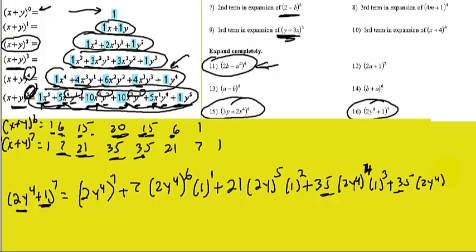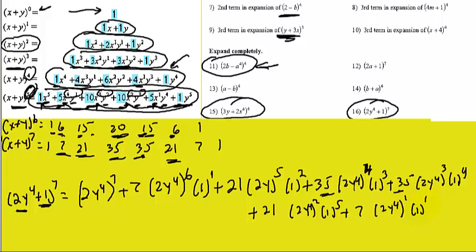Okay, so 2y to the 3rd, and then I have 1 to the 4th, and then I have a plus 21, and then I have a 2y to the 4th is raised to the 2nd, and then I have 1 to the 5th, and then plus I have a 7, and then I have a 2y to the 4th, keep getting to it right, to the 1 power, and then I have 1 to the 6th, and then finally I have 1 to the 7th, and that is the binomial expansion.